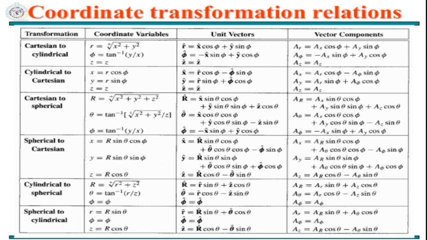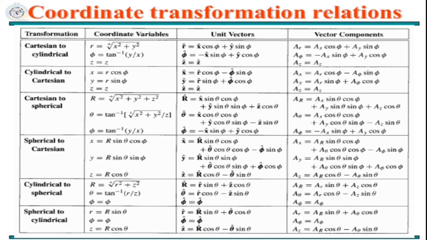Not just that, the transformation of vectors from one coordinate system to another, for example from Cartesian to cylindrical or spherical, and likewise from spherical to Cartesian or cylindrical to Cartesian, is also summarized in this table.